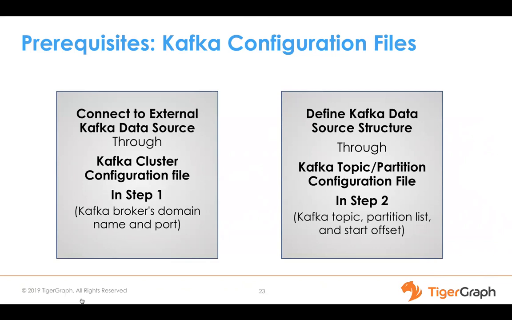And in step 2, you need to provide the Kafka topic and partition config file. And this config file will include the topic and partition list and start offset. And this is how we are defining and TigerGraph recognize the Kafka data source structure.